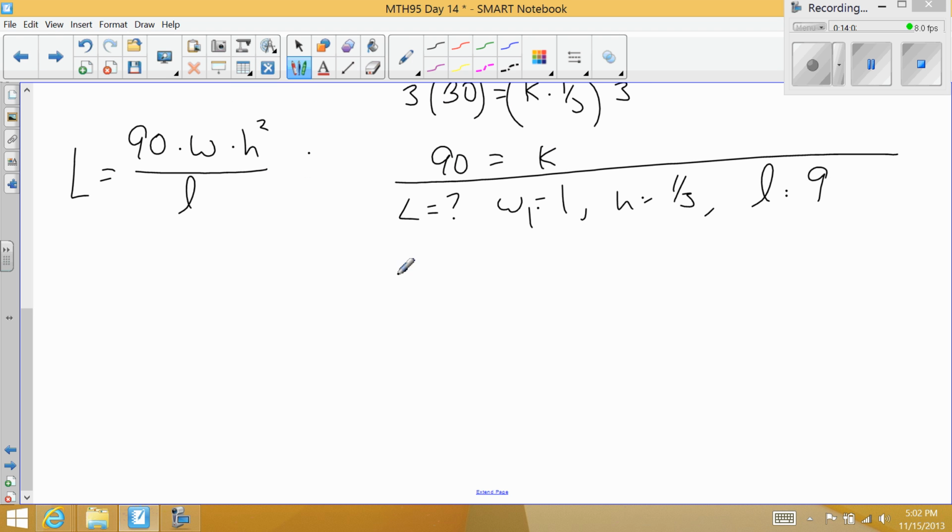Okay, so putting this information in, the load is unknown. We know 90 is the proportionality constant. The width is 1. The height is 1/3, and in our formula, the height is squared, divided by the length of the beam, which is 9. So now we're going to evaluate. 90 times 1, of course, is 90.